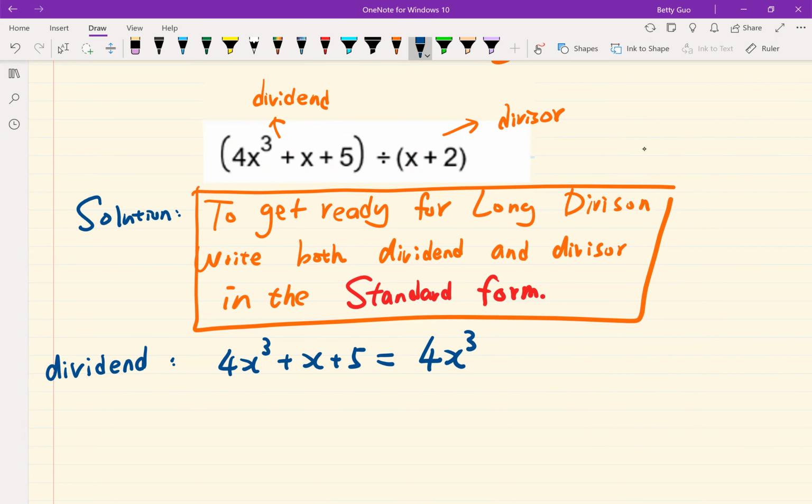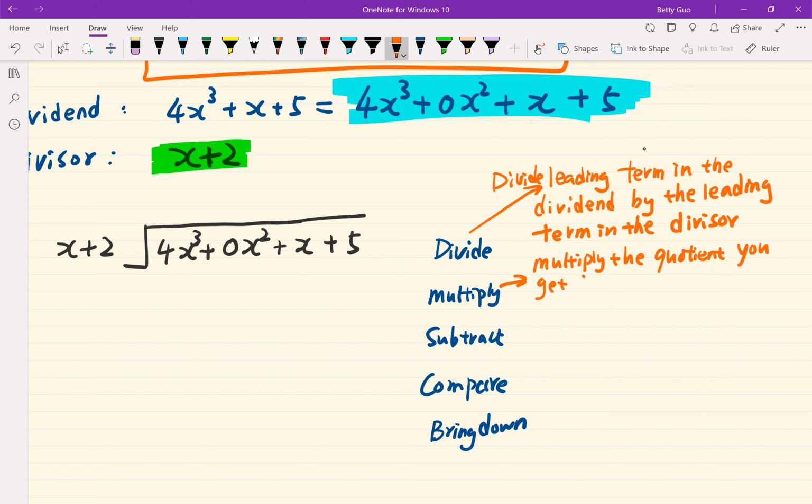Multiply the quotient you get from the previous step by the divisor. Subtract is hard to describe.